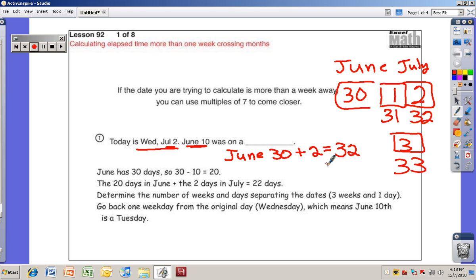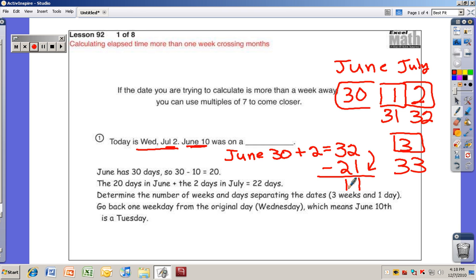Well, to go back to the 10th, we take off multiples of 7. Do you think I could take off 1 seven off of the 32nd to get back to the 10th? Well, yeah, I could at least take off 1 seven. How about 2? How about 3? Let's try to take 3 sevens off of this, or 3 exact weeks before June the 32nd. 32 minus 21 is 11.